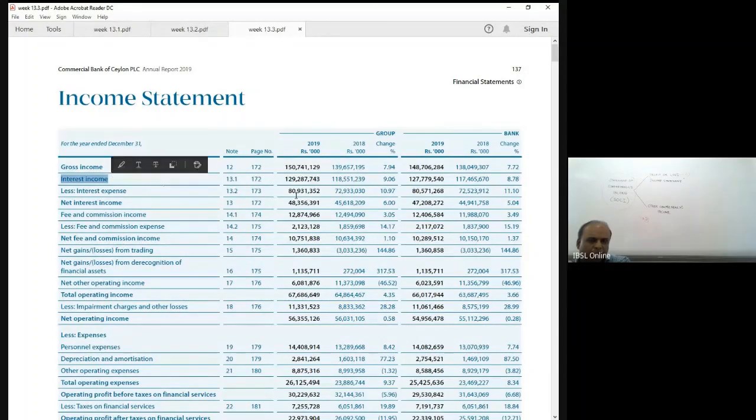This is the amount which I have highlighted. Can somebody text and tell me what that number is?